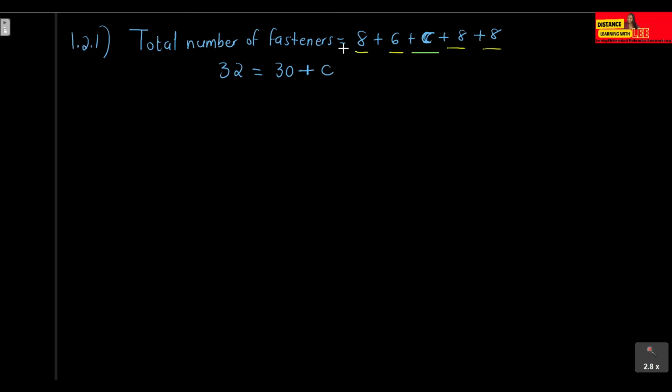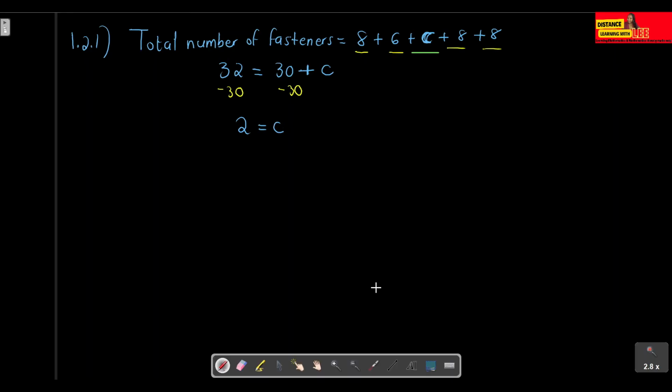All that we need to do now is solve for C. To isolate C on its own, we minus 30 on the right-hand side, and we also minus 30 on the left-hand side. So 32 minus 30 gives you 2, which is equal to C.